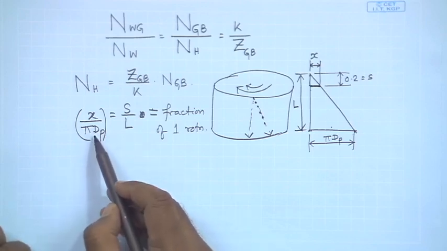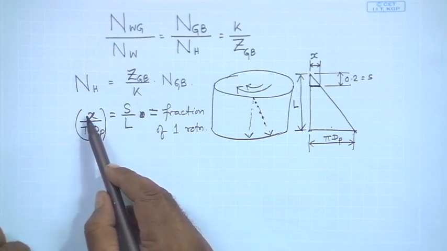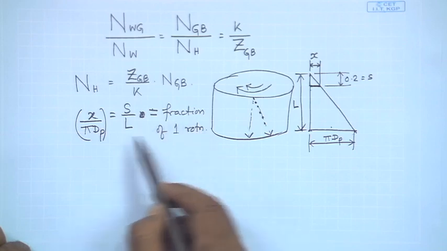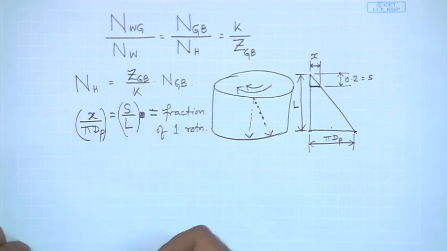See, this is one full rotation, and this is a part of it. So, the fractional amount of rotation is nothing but S by L.